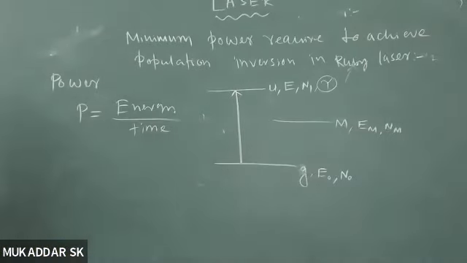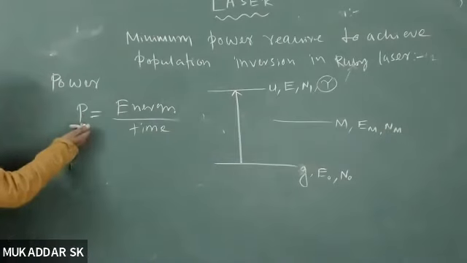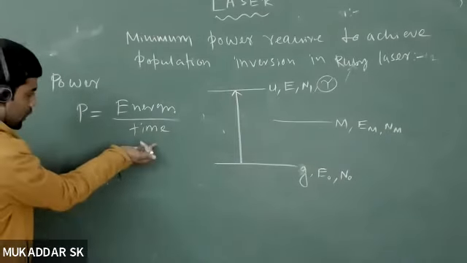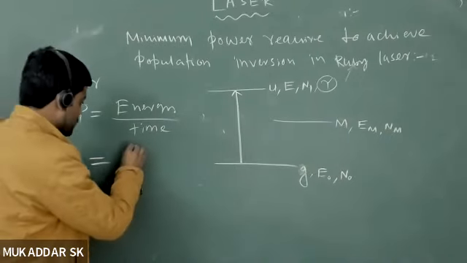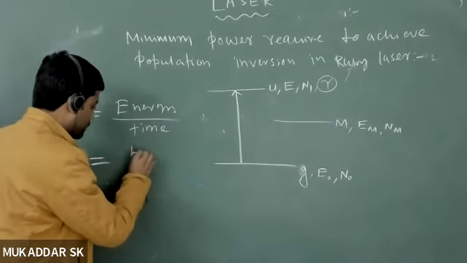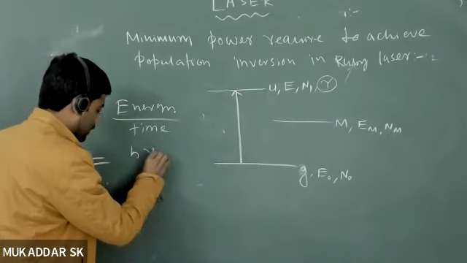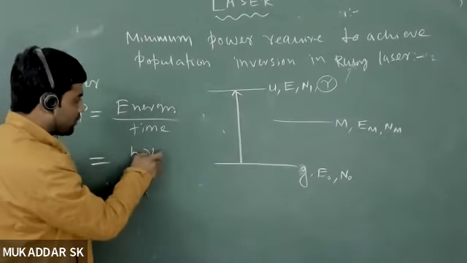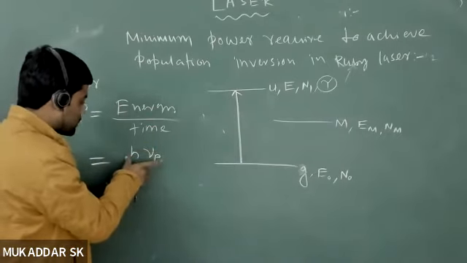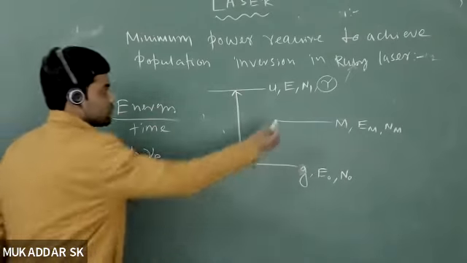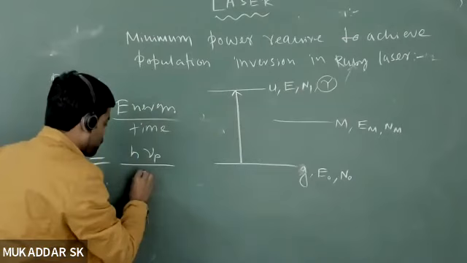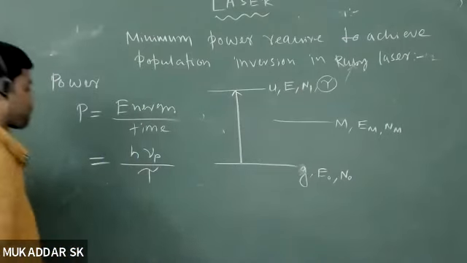Now, power is energy per unit time, and energy will be h nu P, because nu P is the frequency. And in place of time, I'll use the lifetime of the upper level, tau.